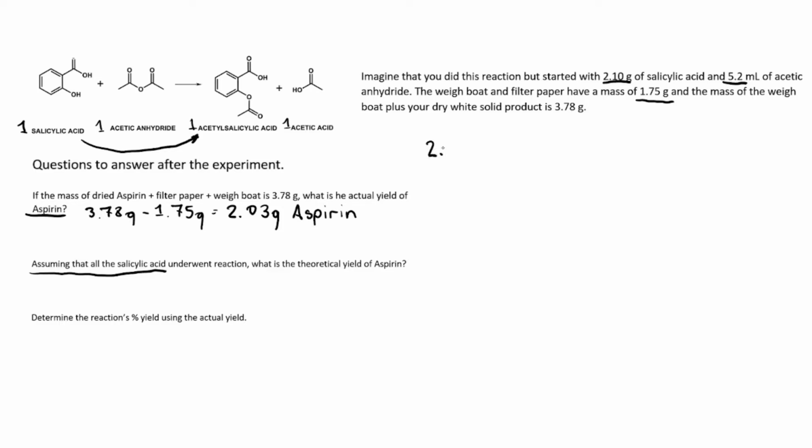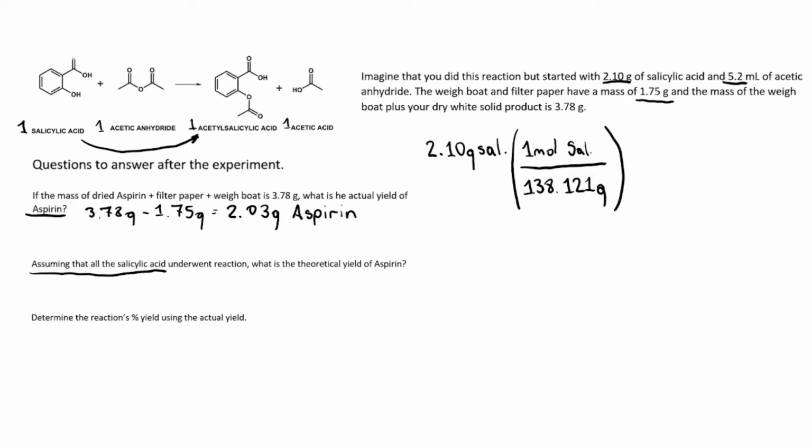So 2.10 grams of salicylic acid. I'm just going to abbreviate it for space. And we need to get the grams of salicylic acid into moles of salicylic acid. So for every 1 mole of salicylic acid, we get 138.121 grams.